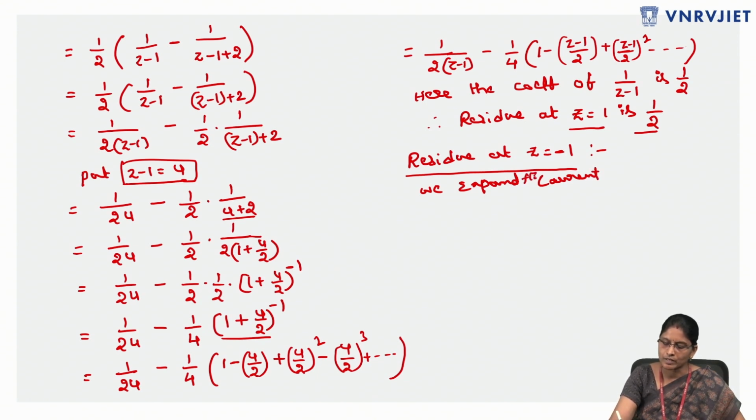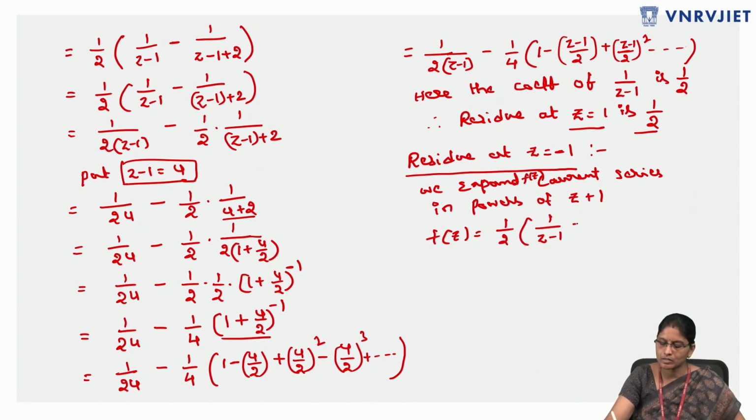Function f of z is 1 by 2 into 1 by z minus 1 minus 1 by z plus 1.